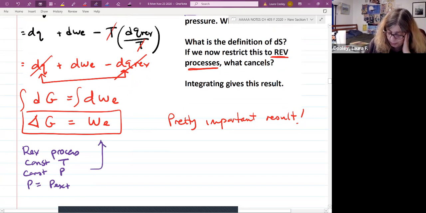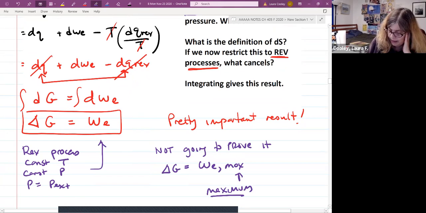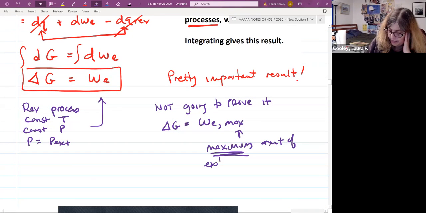But in fact, I'm not going to prove it, what's really the case is delta G is equal to the maximum amount of extra work a system can do.